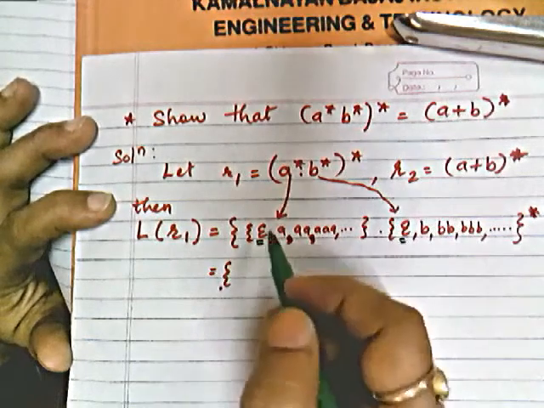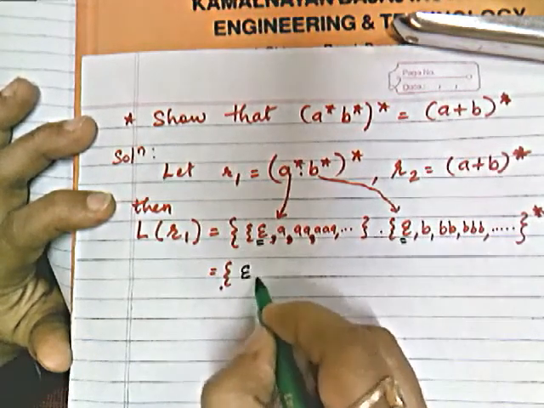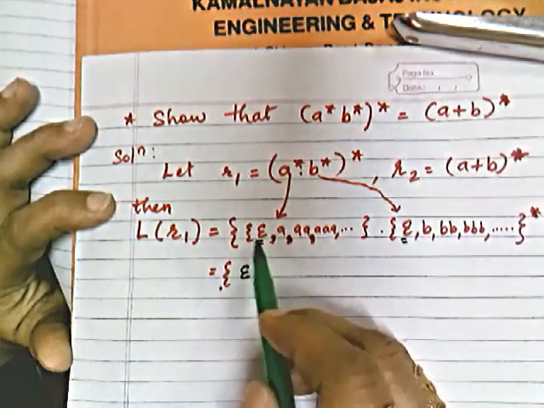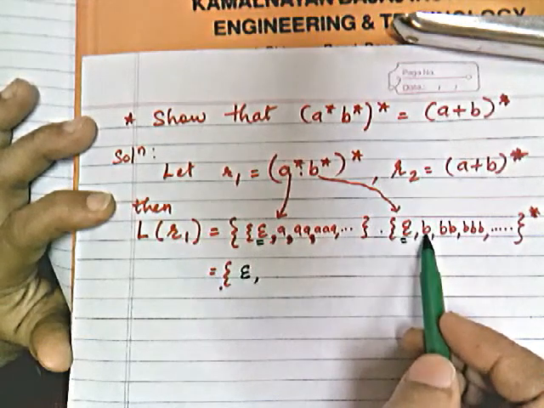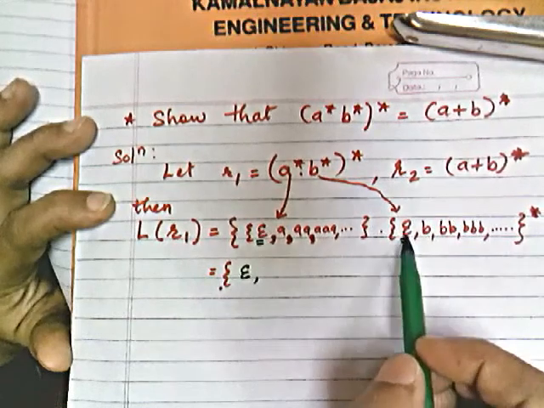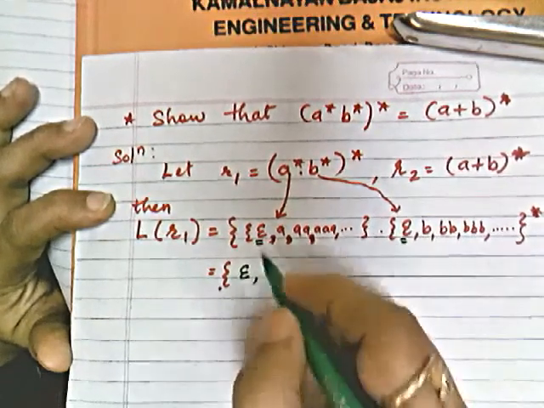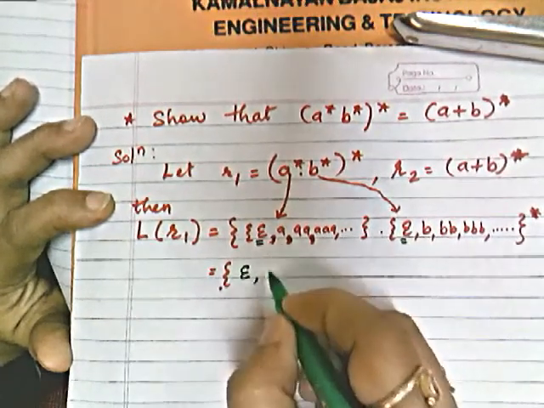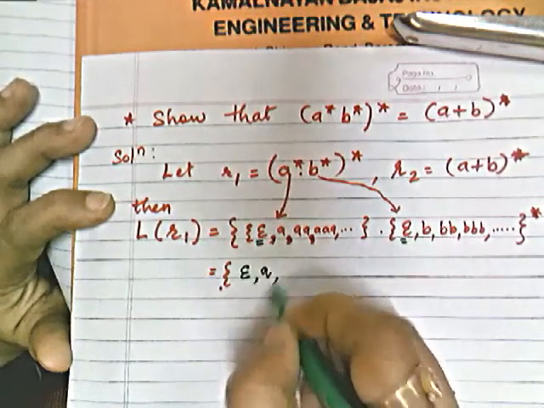So empty string dot empty string, you will get empty. Next, this empty will be concatenated with b. In other words, if we concatenate this with this, can I say I will get a?